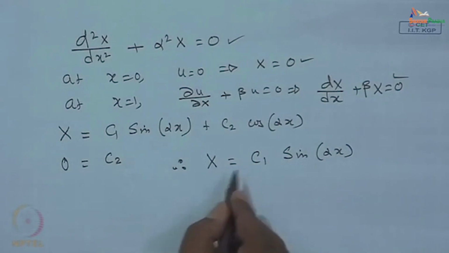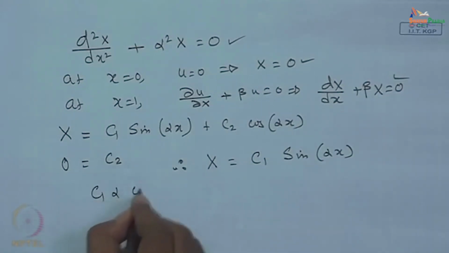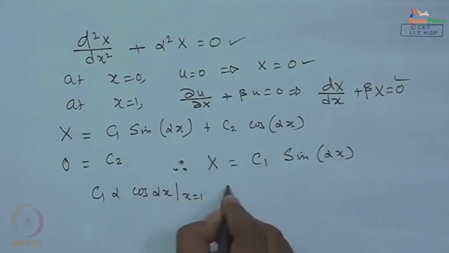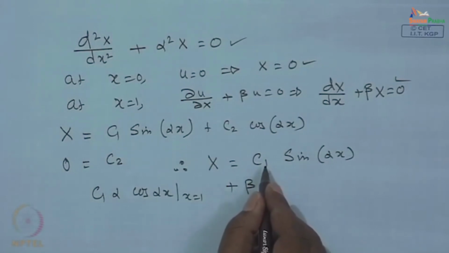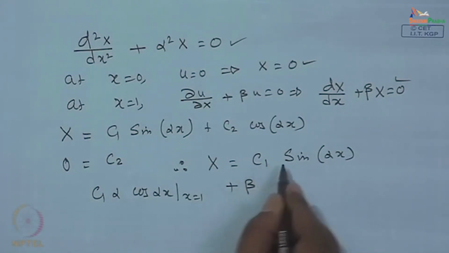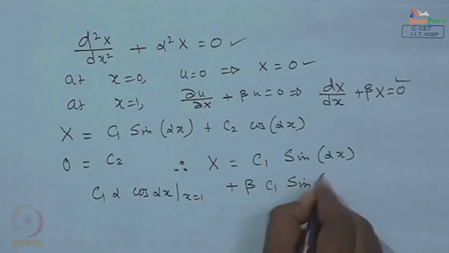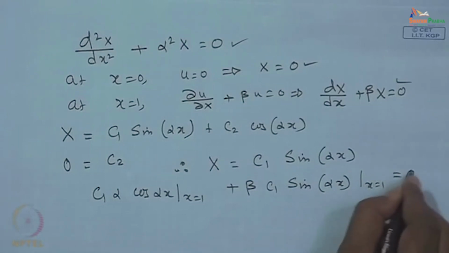Now, we put the other boundary condition, dX/dx plus beta X equal to 0. So, it will be C1 alpha cosine alpha x plus beta C1 sin alpha x, evaluated at x is equal to 1, should be equal to 0.